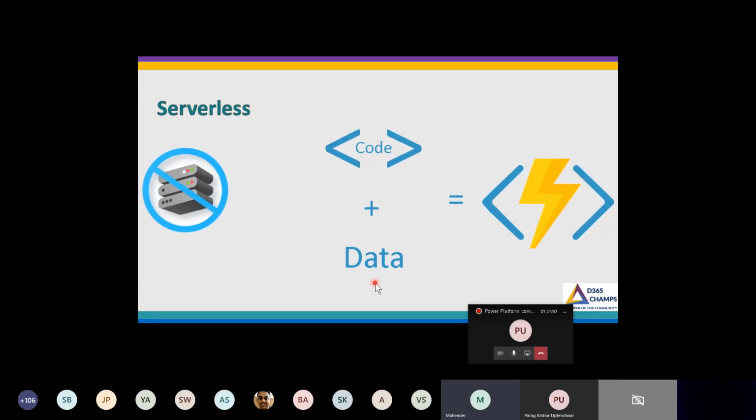But if you want to go for that, we need to think about what the server is, and we need to get the infrastructure where we can run our Windows service. Here we don't need to bother about that, and we can just concentrate on our logic.